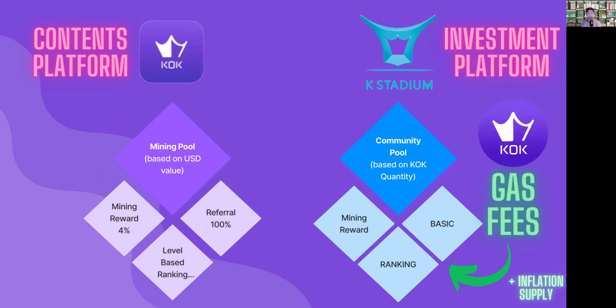It is basically taking the gas fees from the entire ecosystem and distributing them amongst those people who are participating in increasing the investment value or the community value of the entire KOK ecosystem. This again fits the whole fair, share, and enable idea, meaning people who have invested to increase the value of the community will get a reward back for doing so. And that reward is coming from these gas fees.